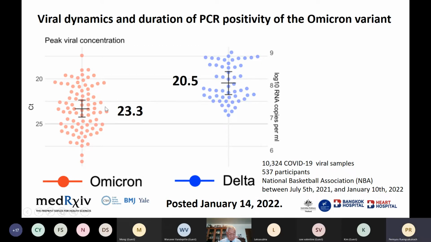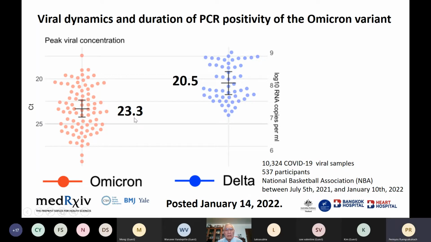So if Omicron has a 23 cycle threshold, that means the number of viral RNA is not very high because the CT number is high, okay?